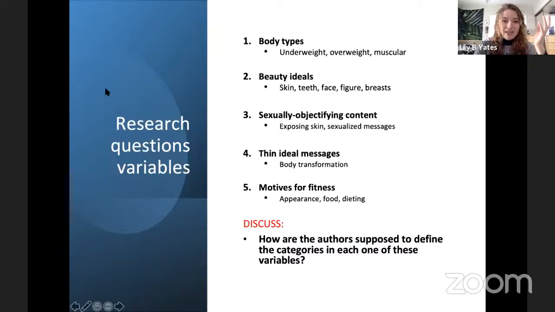It could just be what people generally wear for comfort during fitness. So I think it would definitely be up to the authors of the study to be really careful in justifying all of these and being really explicit about their categories.